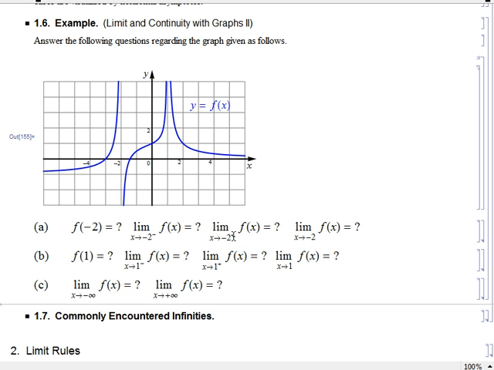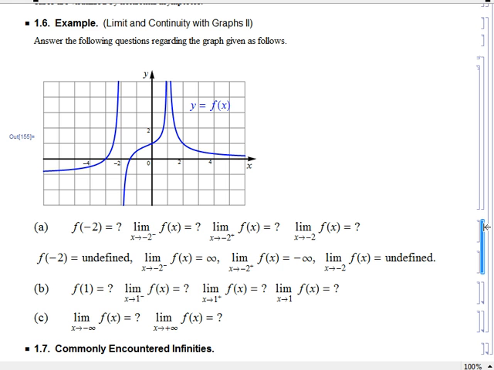Negative 2 plus. We have to follow the graph from the right-hand side. Looks like this is going down to negative infinity. We're talking about two different infinities. Consequently, the limit is undefined. Positive infinity, negative infinity, those are reflected by the splitting.